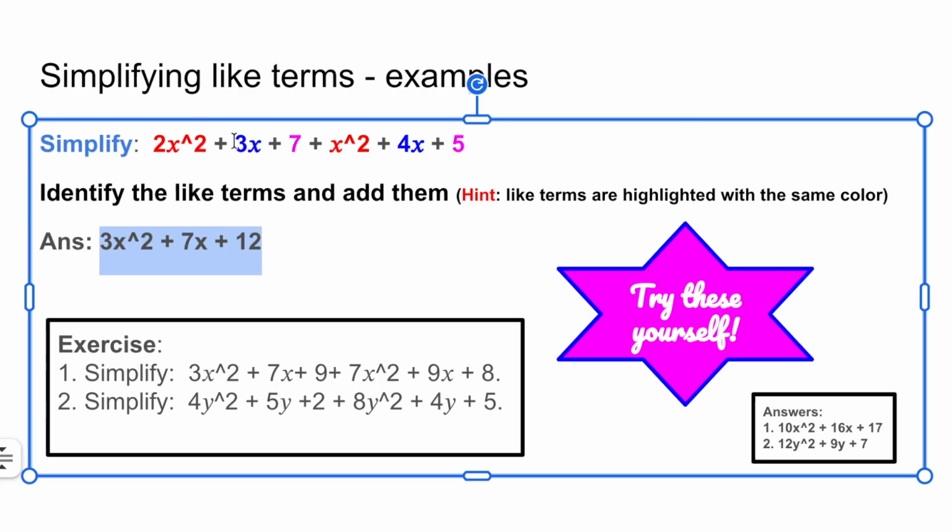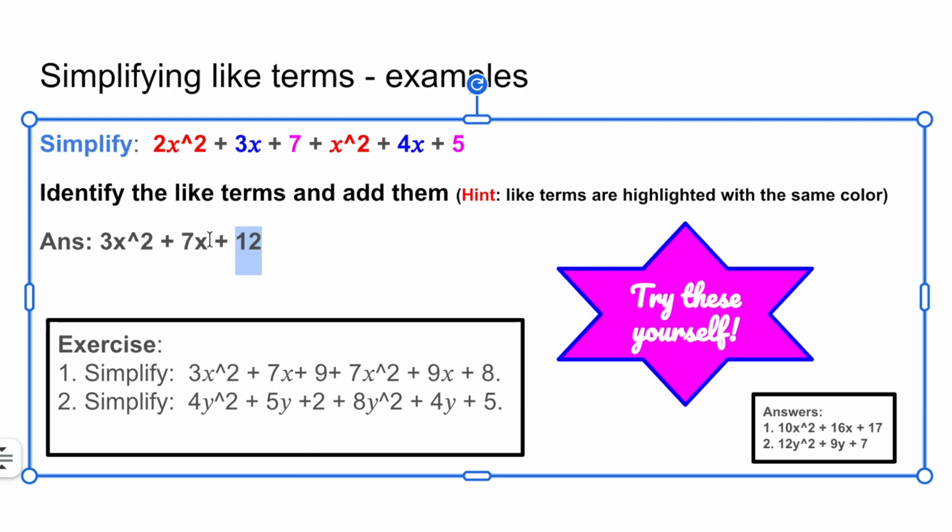2x raised to the power 2 plus 3x plus 7 plus x raised to the power 2 plus 4x plus 5. See how I am reading that also is simplified as 3x raised to the power 2 plus 7x plus 12. This cannot be further simplified. You learn all these things later. There is nothing to simplify there because I cannot add 3x raised to the power 2 with 7x, or I cannot add 7x to 12 because this has a variable and this does not have a variable.